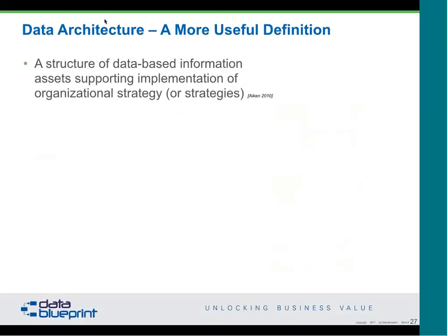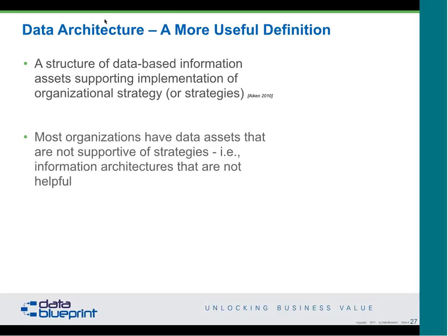We'll add a couple of bits onto that as well. It's a structure of data-based, not database, but data-based information assets that support the implementation of organizational strategy. And again, the book that Shannon mentioned at the top is going to be coming out hopefully the end of the month here, certainly before Enterprise Data World, and you can read more about how that works out from a strategy perspective.